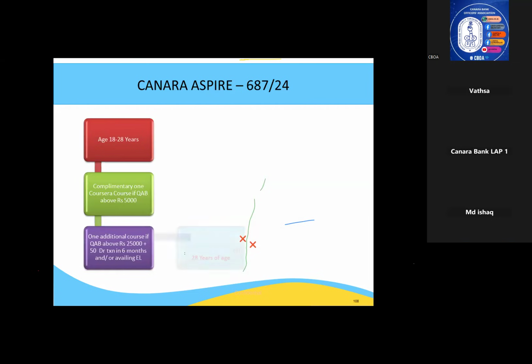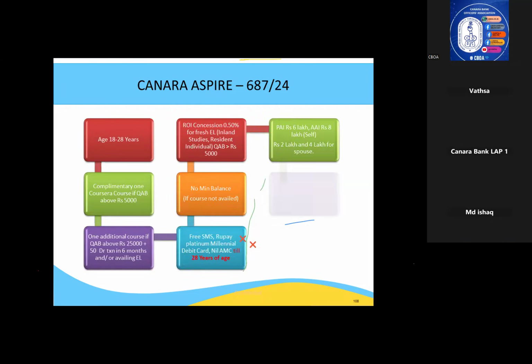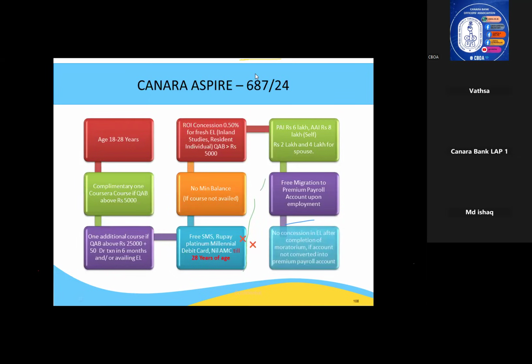Okay. So this is 17 to 28 years. It has been changed. And for 17 to 18, the guardian's or parents' declaration should be there, and they will have all the restrictions as in the Canara SB Junior account. After becoming 18, they get all the concessions.